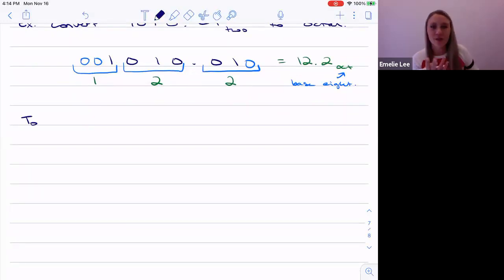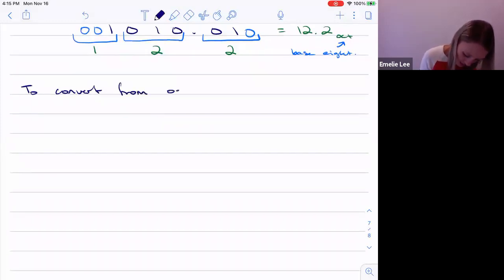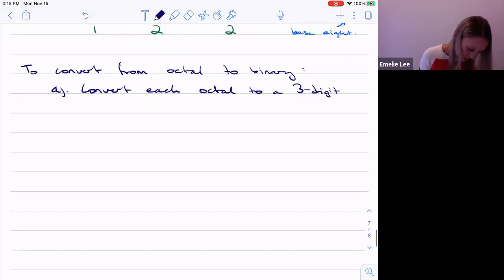To convert from octal to binary, we do the same thing, but we just move backwards. And so I know that 2 is 0, 1, 0, and that's all I do. To convert from octal to binary, convert each octal digit to a 3-digit binary.